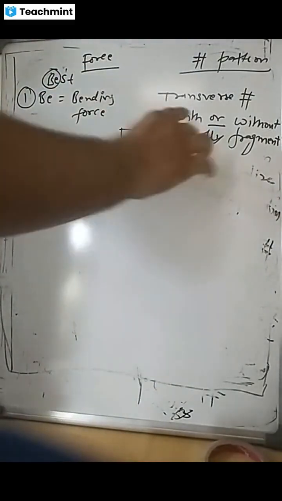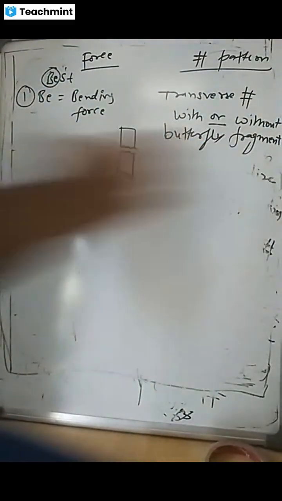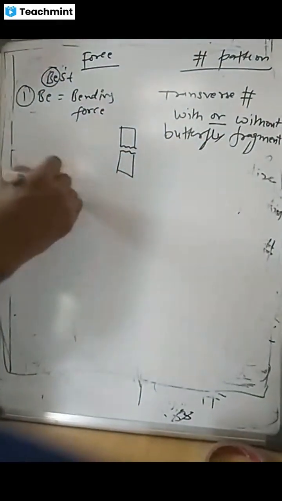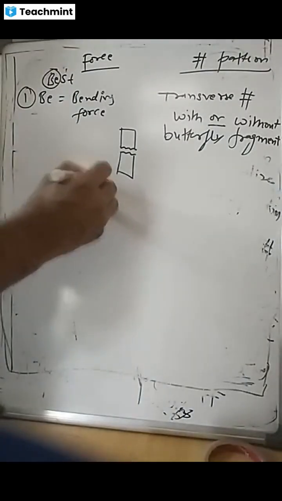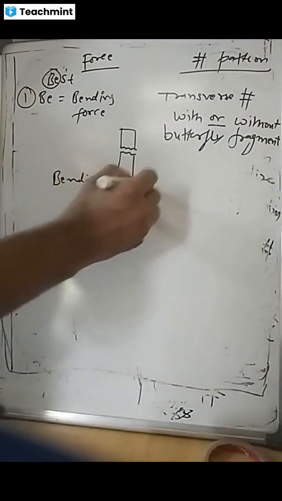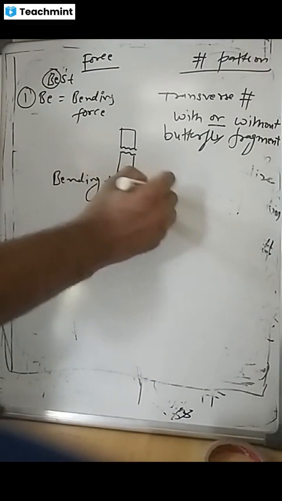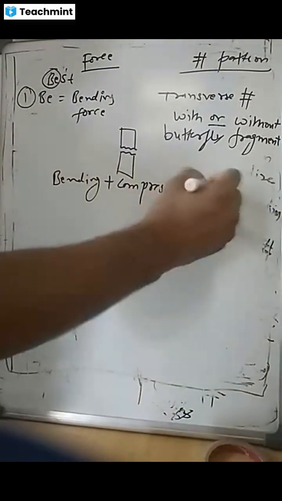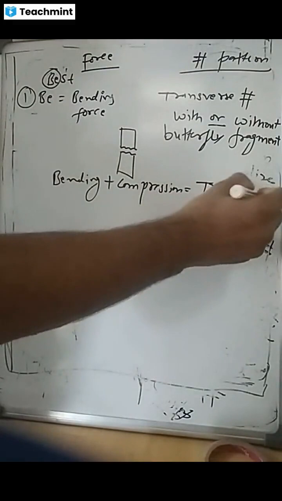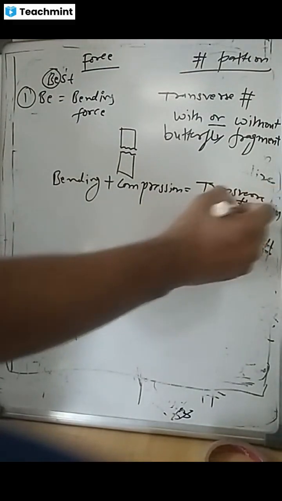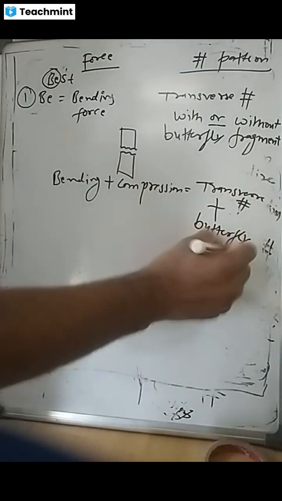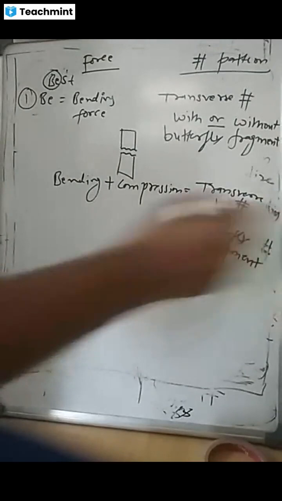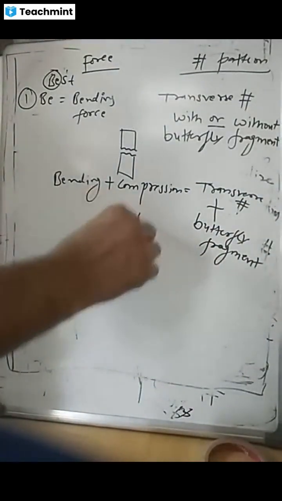Why is it written with or without butterfly fragment? Because if we combine bending plus compression, then again a transverse fracture is there, but with some butterfly fracture. What is that?